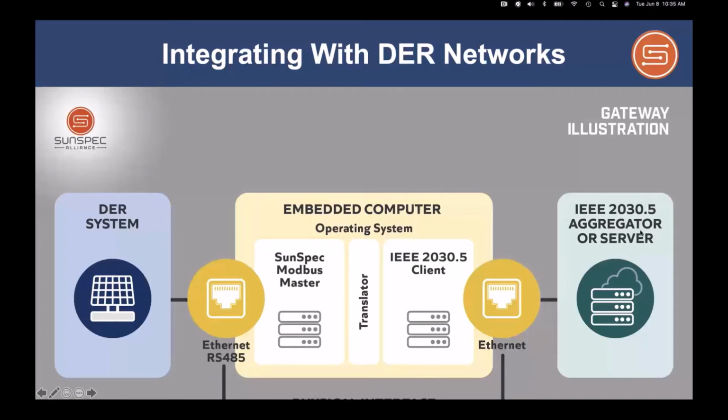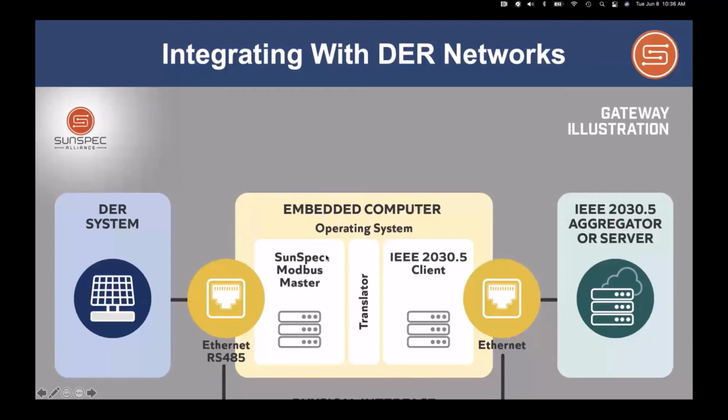Now, as the data traverses outside of the aggregator or utility facility, it is encrypted, and mutual authentication takes place between the client and the server. So in other words, the server says, hey, do I know you? And the client also says, hey, do I know you as a server? So their mutual authentication occurs and strong data encryption occurs at that point.